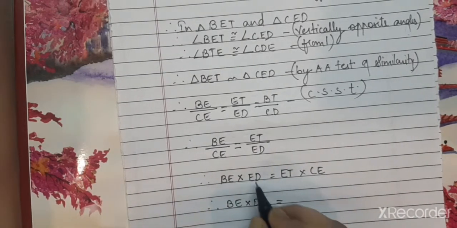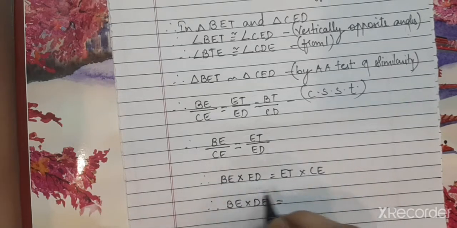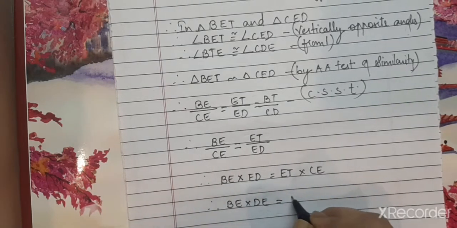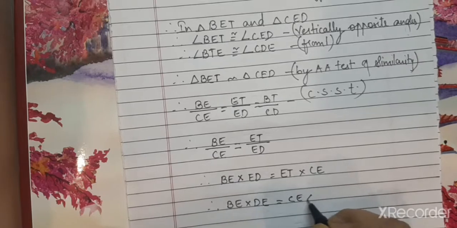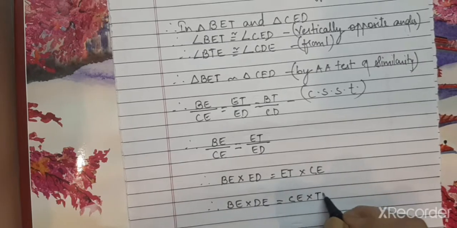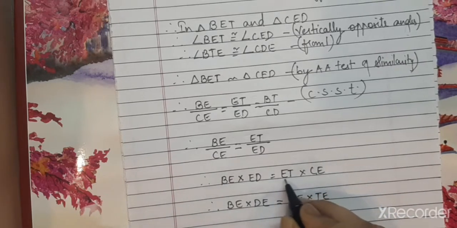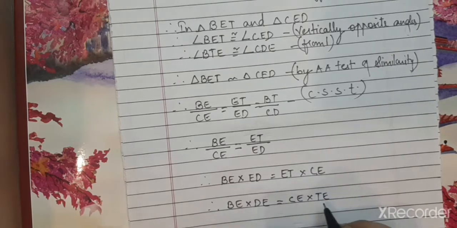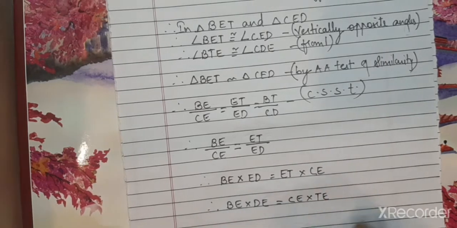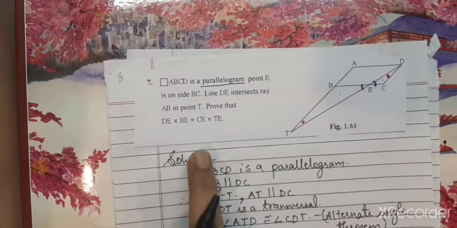Okay, ED and DE is one and the same, just writing the other way. And then CE into TE I will write because they have asked TE. Okay, ET and TE is one and the same, just making it as they have asked here.